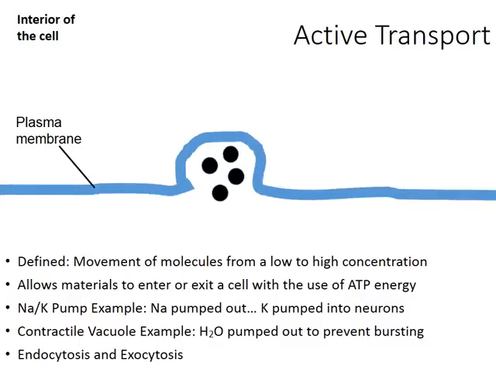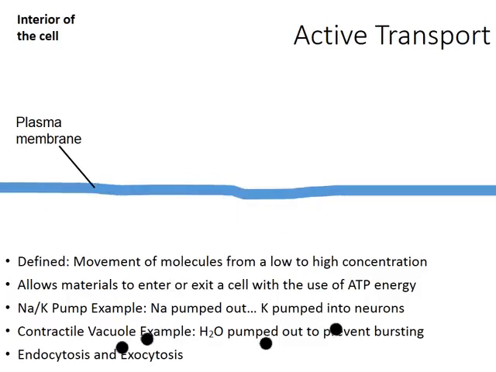And what happens is the vesicle will actually fuse with the cell membrane or the plasma membrane, because the vesicle and the plasma membrane are made from the same molecules, a phospholipid bilayer. And ultimately, those black dots, those proteins, will then be released outside the cell. And again, this process requires the use of ATP in order for this to happen.